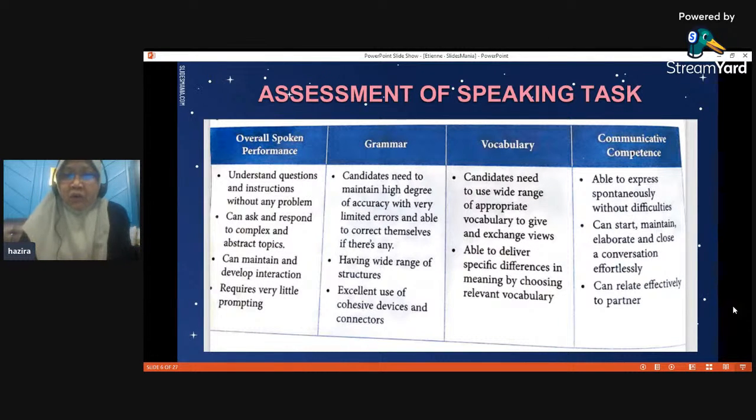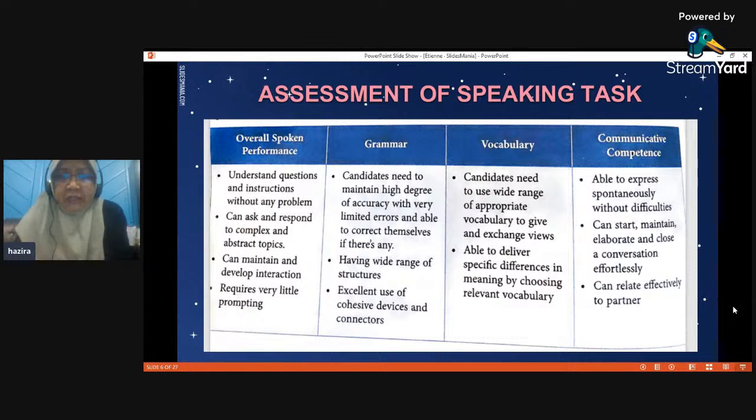Okay, for the assessor, they are going to assess you based on these three skills: grammar, vocabulary, and your communicative competence.